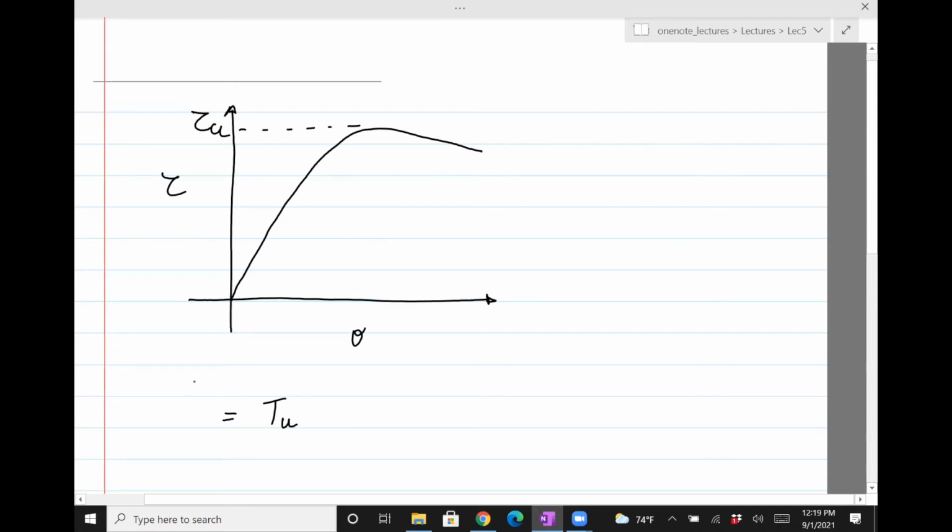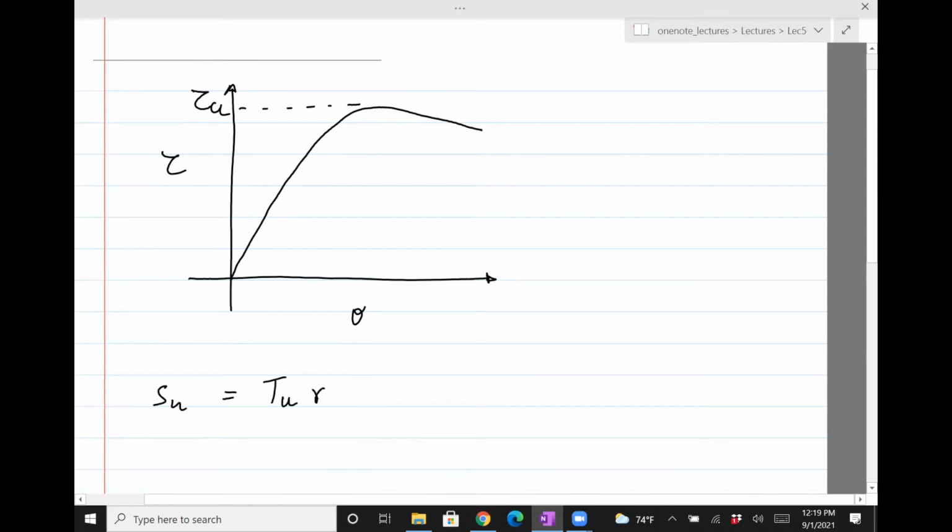You can find the ultimate strength SU, which is TU R divided by J. The same formula I used earlier, except that I'm replacing the torque with the ultimate torque. So this is the strength at which it breaks. If you like, you can just change this to SU, which is also one of the ways in which you can quantify how strong a material is to shear stress.